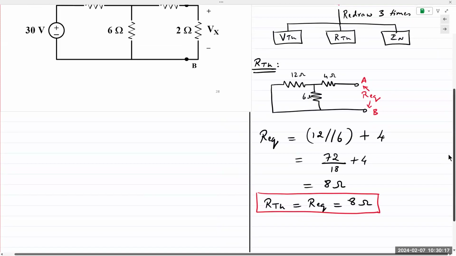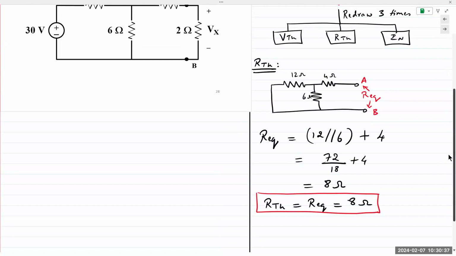Original circuit with 2 ohms removed. Then you perform 3 separate analyses on that circuit. The first one, RTH: reduce the independent source to 0. In this case, the only independent source is the 30-volt source. Replace it with a short circuit.